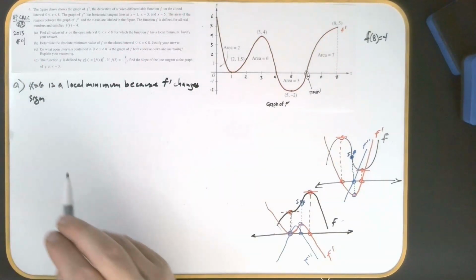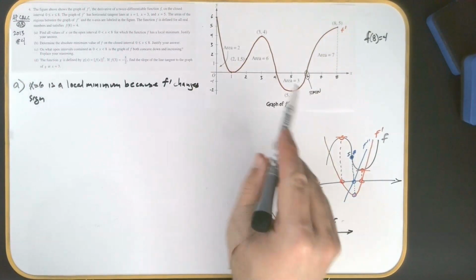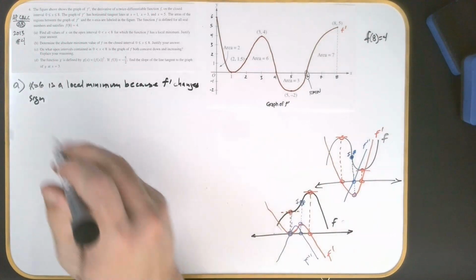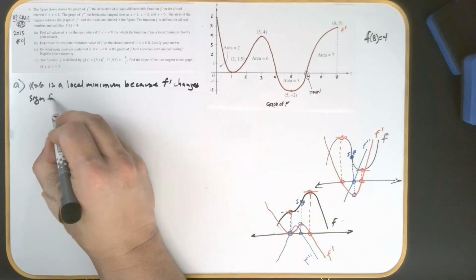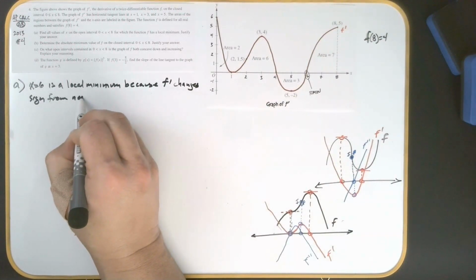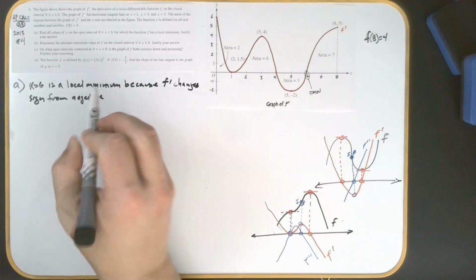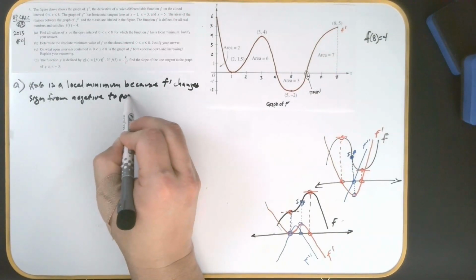And it's very important that you say from what to what, because it's changing sign at 4 too, but at 6 it's changing sign from negative to positive.